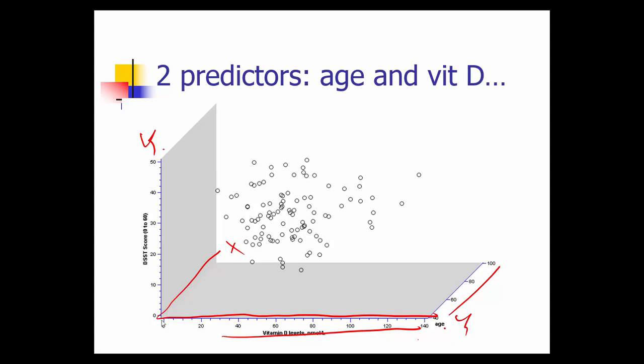The origin will be somewhere here. And here, instead of drawing a regression line, you will be drawing a regression plane, a 2-dimensional regression plane, which will look something like this. I am not good at drawing, but yeah, something like this.